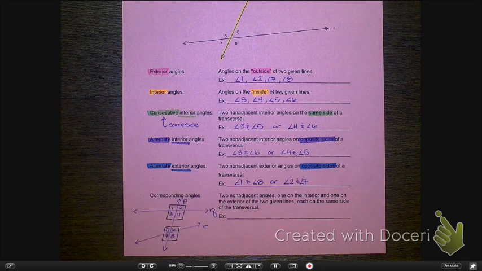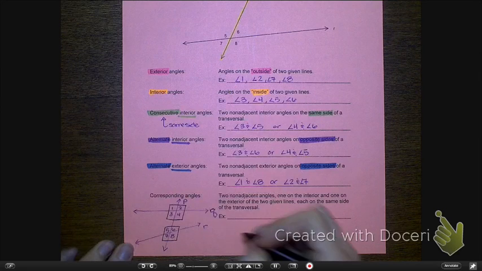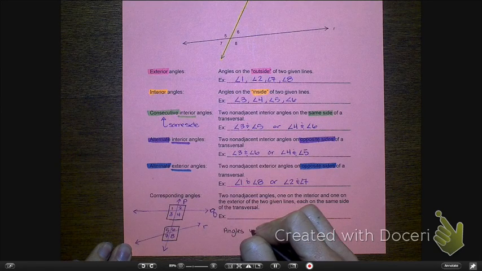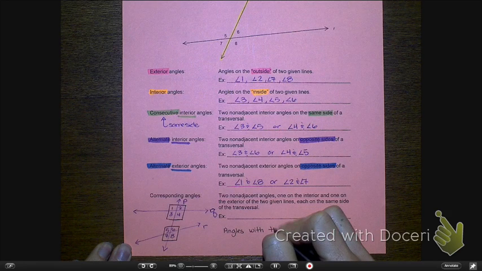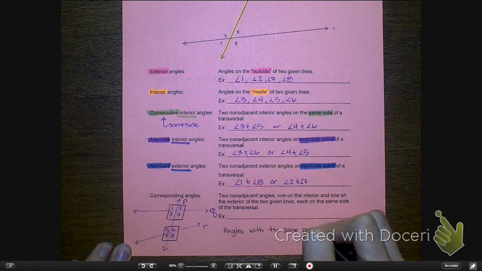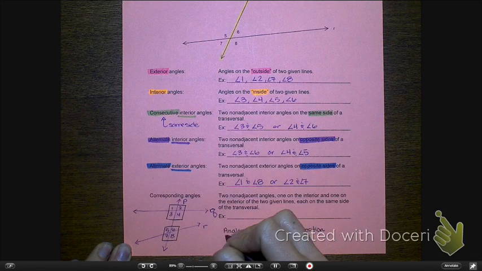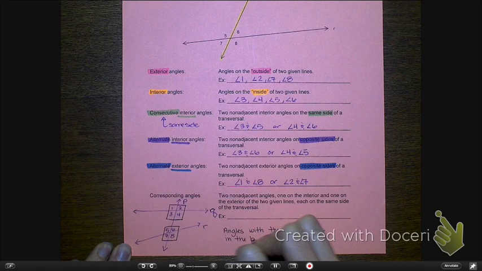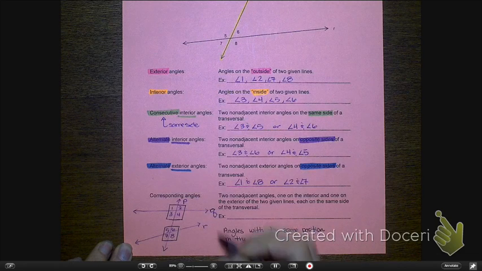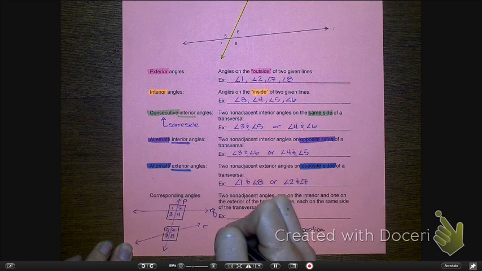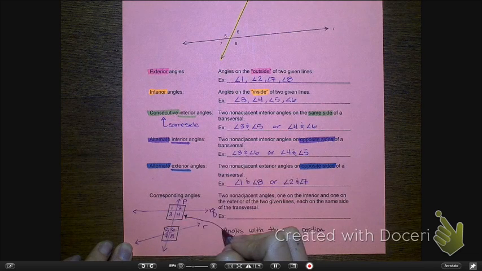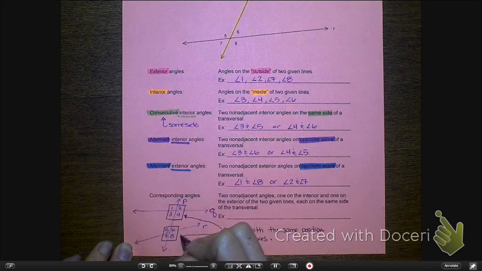Okay, so here's how I want you to think of these corresponding angles. They are angles with the same position in the boxes. Okay, so let's say, for example, that one and that one.